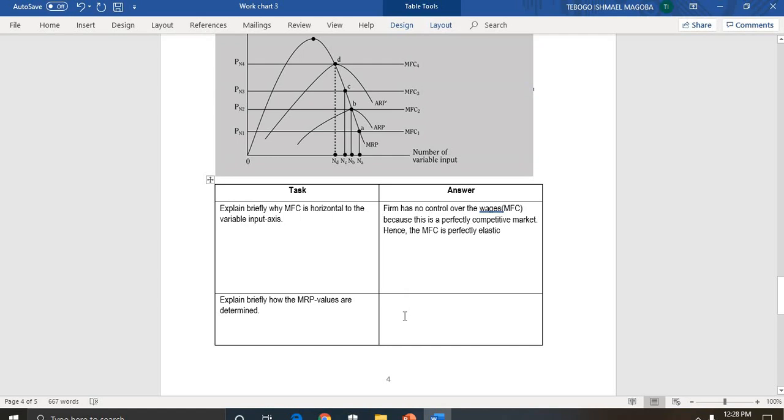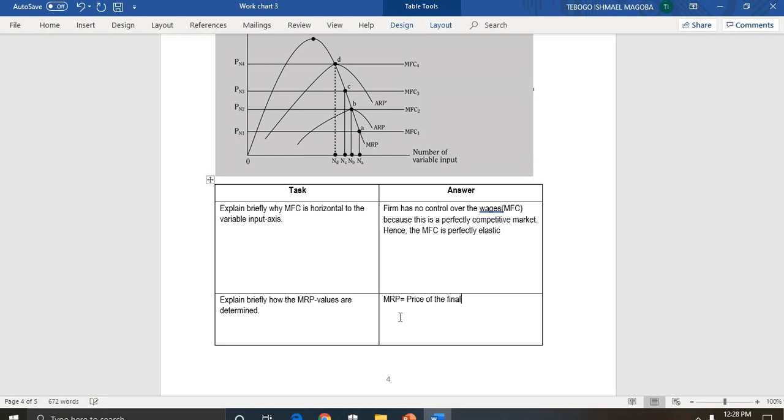So, explain briefly how the marginal revenue products are determined. The marginal revenue product is equal to the price of the final product.